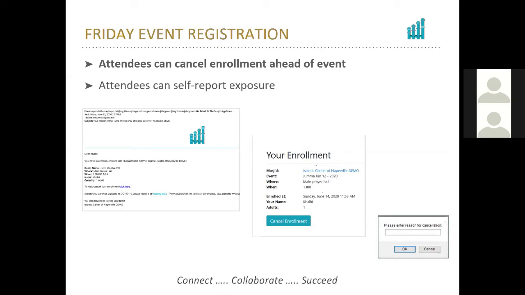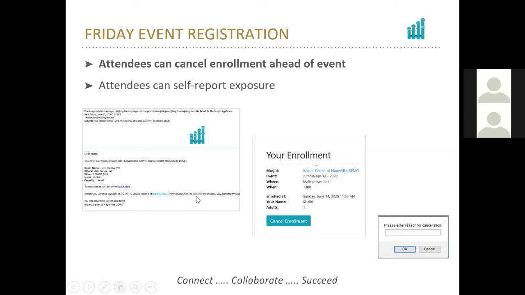So if you made a reservation for 3, but for some reason you are not able to come, please cancel your registration, because then it will open up capacity for other people, and then other people can register and come. And the reason why you should also keep this email is, if, say, a week from now, you find that somebody in your household, if not you who attended the event, had COVID last time, you can come and click on here to report your COVID infection, right?